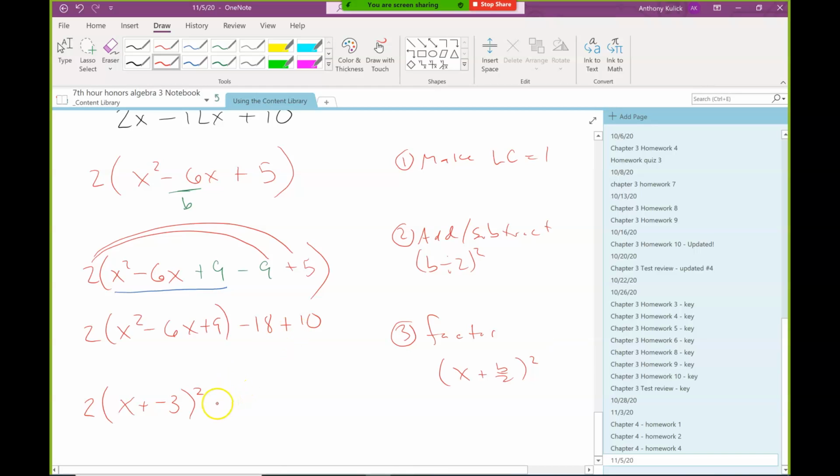And then negative 18 plus 10 is negative 8. And if you wanted to, you could really just write this as x minus 3 instead of plus a negative 3. Is that okay?